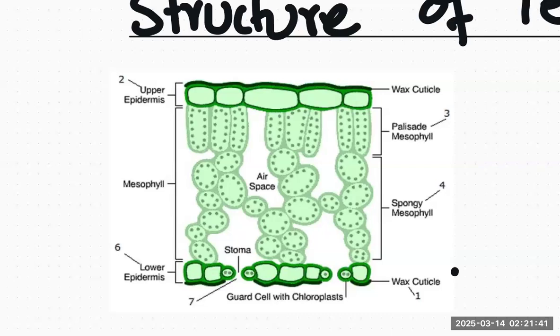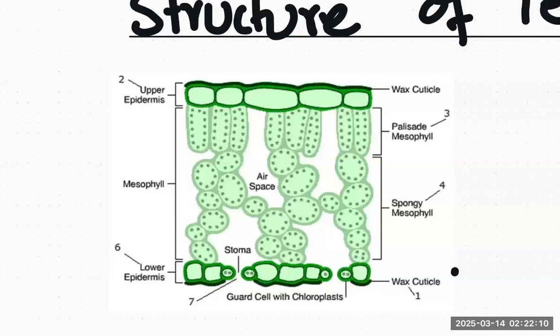Then on top of the upper epidermis, we have a waxy cuticle, a waxy material that covers the surface of the leaf. Now, below that, we have our mesophyll cells. There are two types of mesophyll cells: the palisade mesophyll cell and the spongy mesophyll cell.